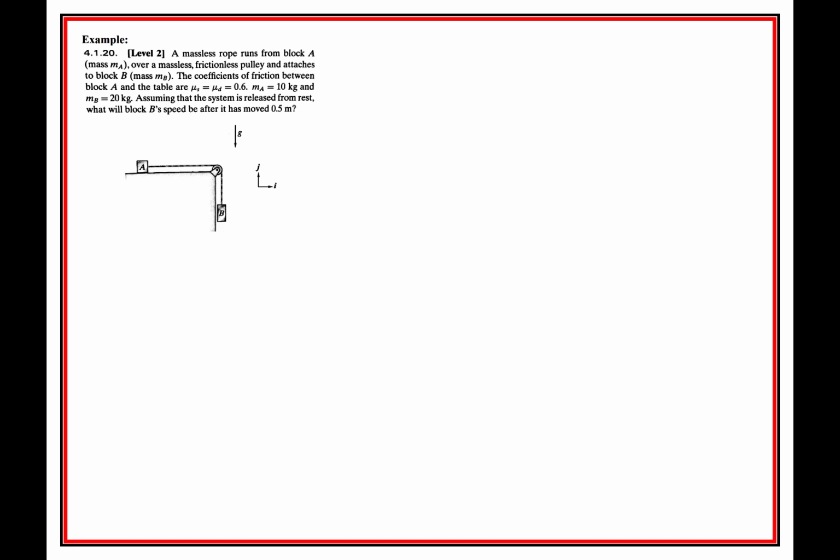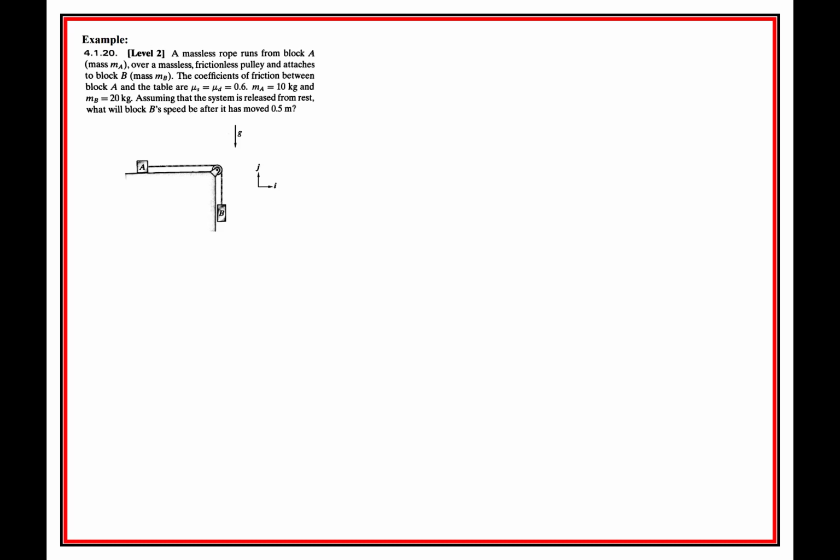The static and the dynamic, I guess they're using mu subscript D there instead of mu subscript K, is equal to 0.6, and the mass of A is 10 kilograms, and the mass of B is 20 kilograms.